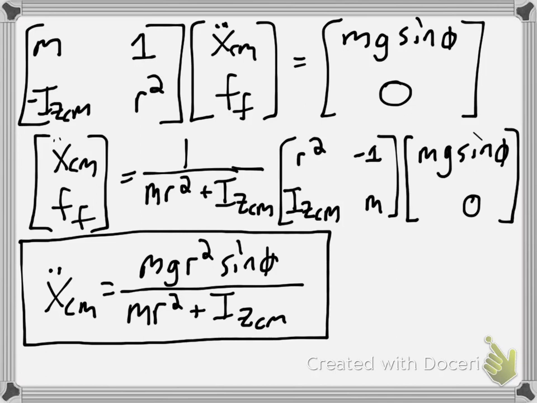Yes? So if we had a thin-walled cylinder, it would also be mr squared? A thin-walled cylinder? Yeah, it's really thin, so you can say it's just r.